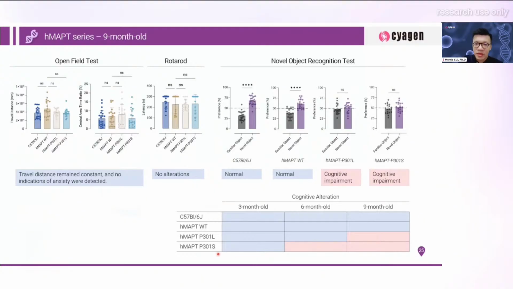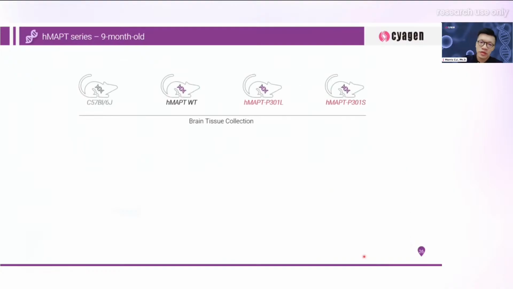And we see a cognitive impairment in the P301S strain by 6 months old, indicating this is a relatively early onset and accelerated pathology. Once we have these behavior observations, we continued with pathological and biochemical studies.